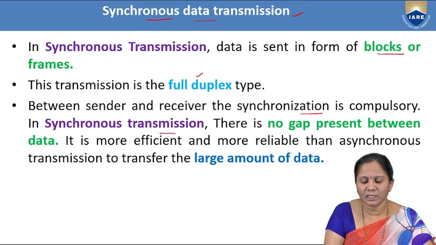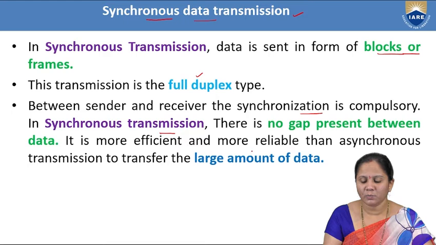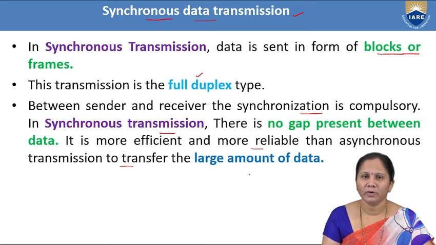In synchronous transmission, there will not be any gaps between the data. That is why we call it data in the form of blocks or frames. It is more efficient and more reliable than asynchronous transmission to transfer a large amount of data.